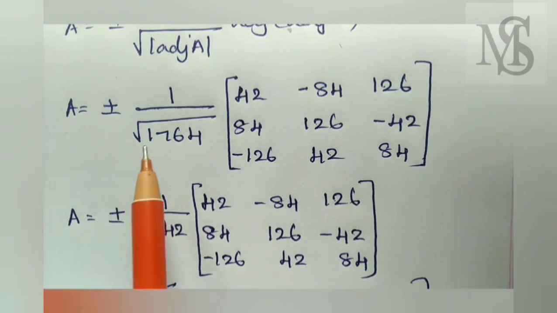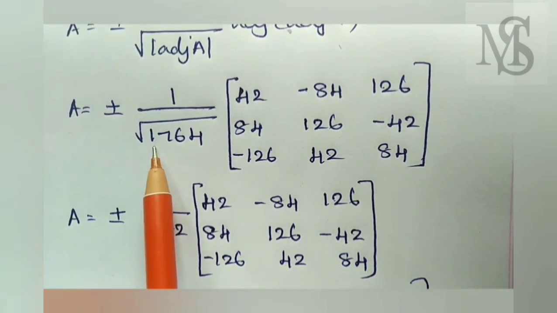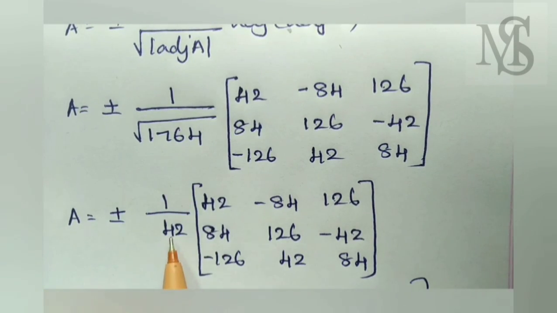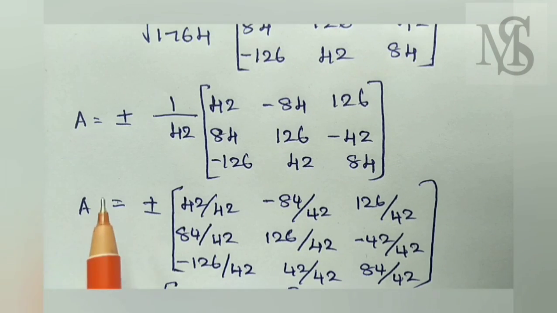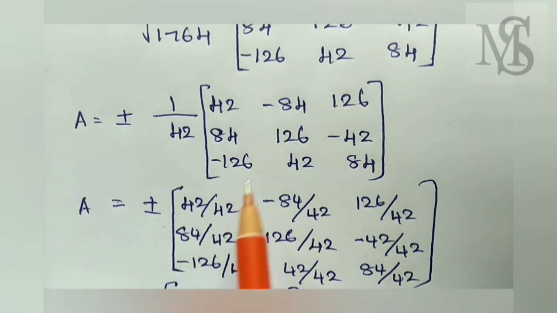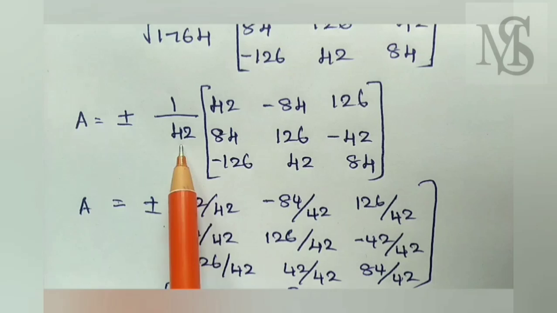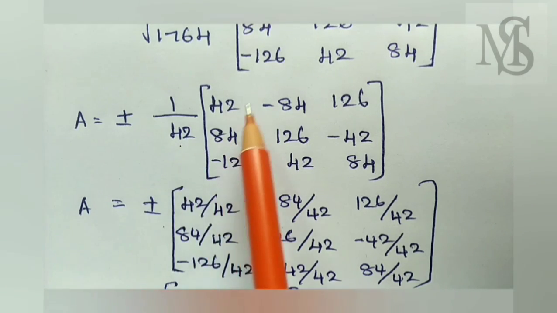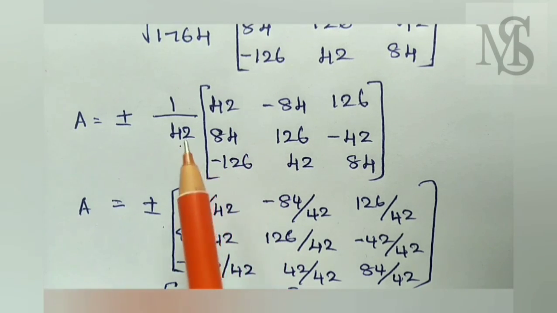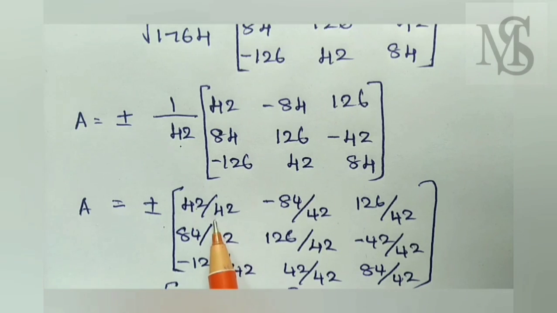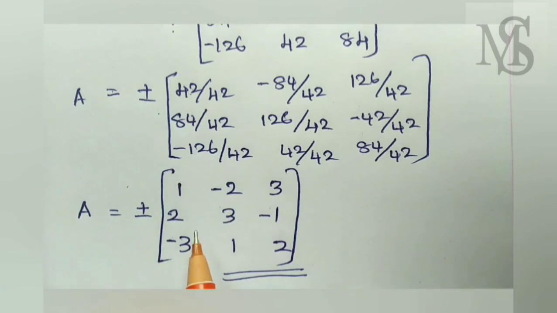If we factorize and find the square root of 1764, we get 42. Now A is equal to plus or minus 1 by 42, so we take it inside and divide each value by 42, that is 42 divided by 42, minus 84 divided by 42, and so on.